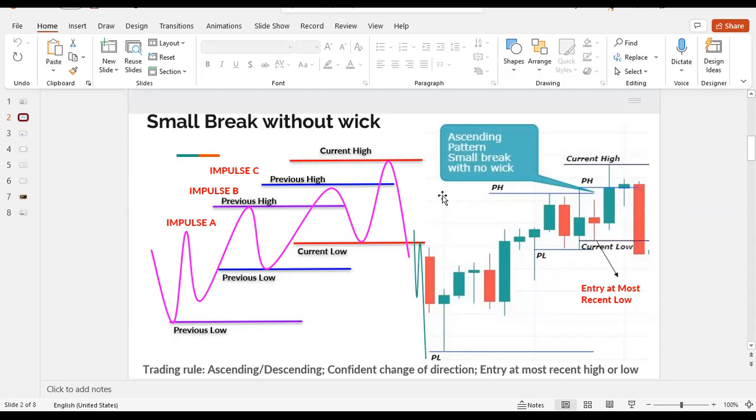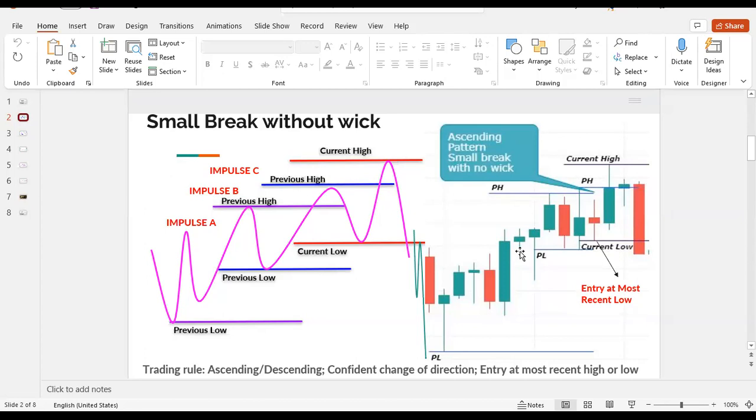And that is more apparent when you look at what I'm calling the third impulse, the highest impulse, which is marked by the current high and the current low, impulse C. Notice the way this candle broke up, which is signified here, but pulled back in. So the big part of the candle remained inside impulse B, the previous impulse.